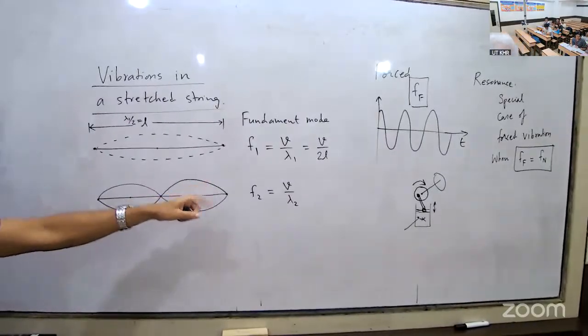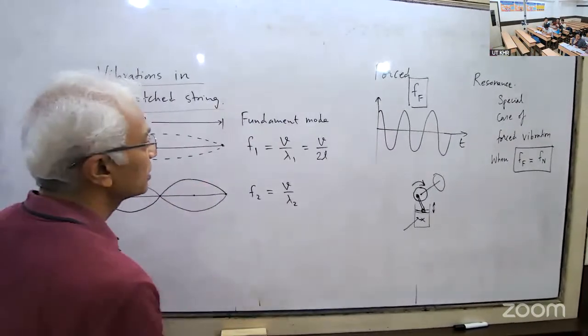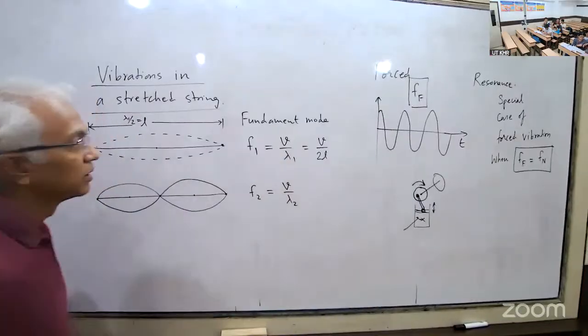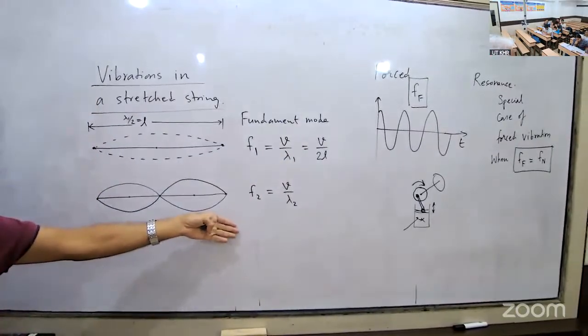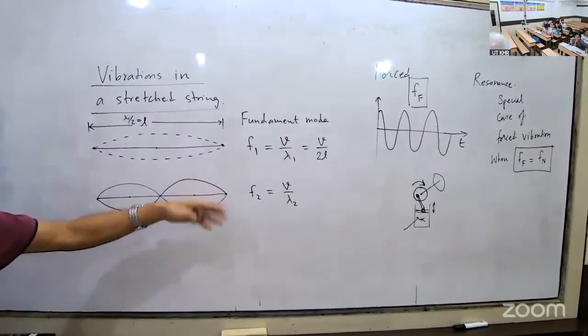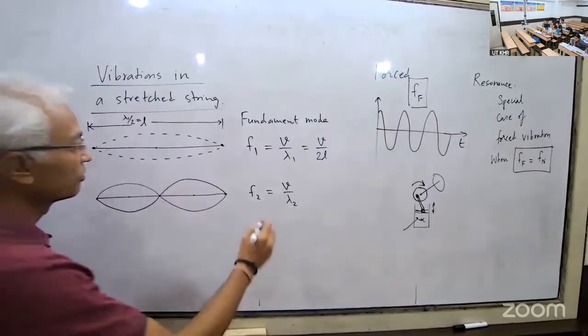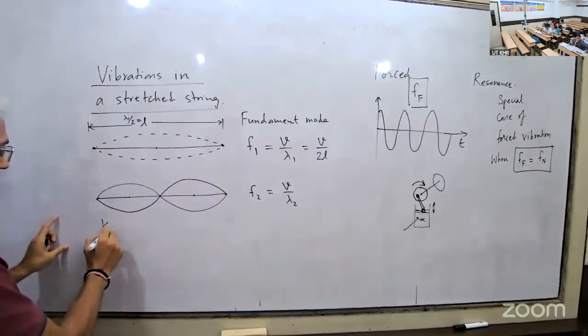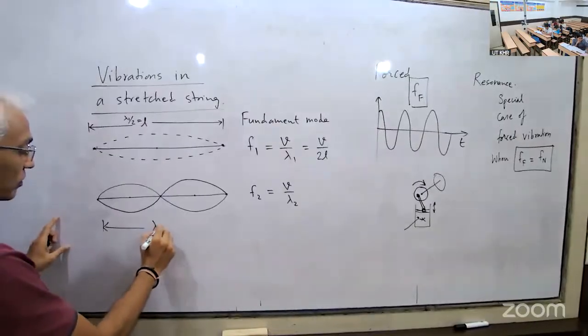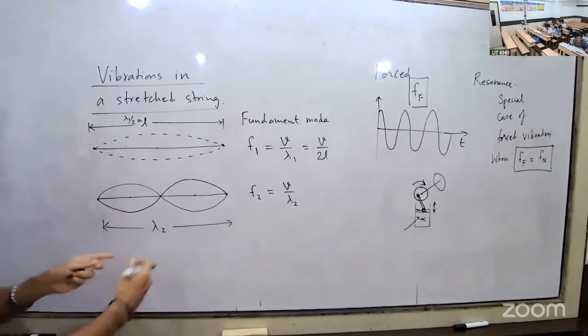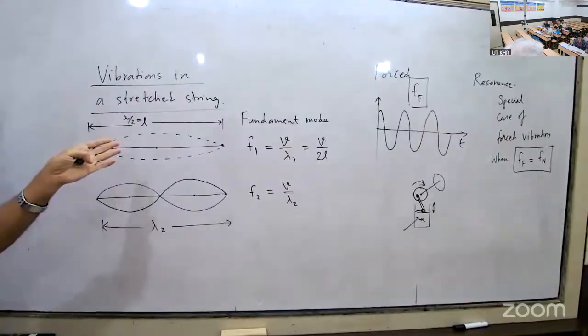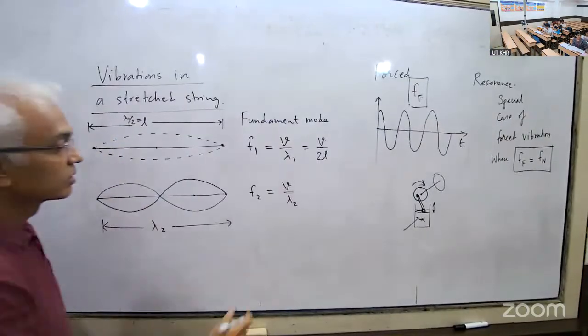Okay? Then the next frequency is the next harmonic. Same string is now able to produce different frequency. And what is lambda 2 here? Now you are getting full wavelength equal to L. So what will you get here?